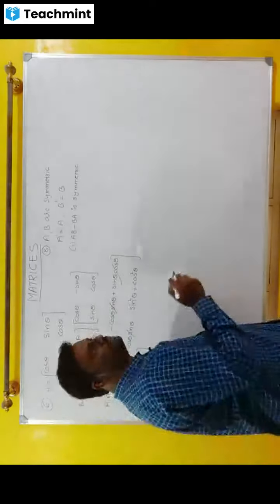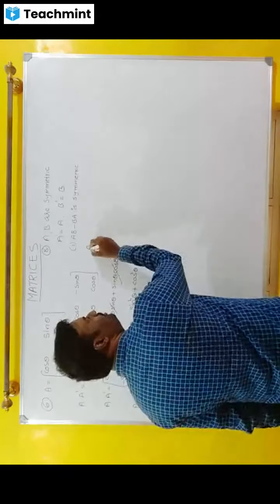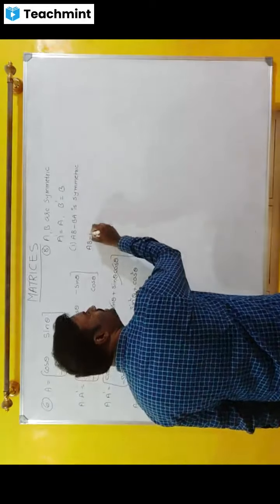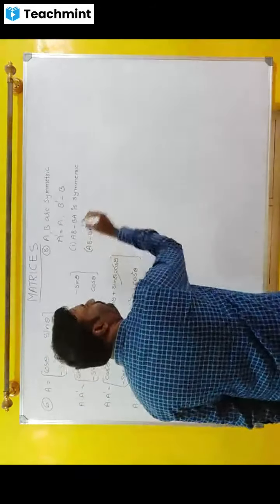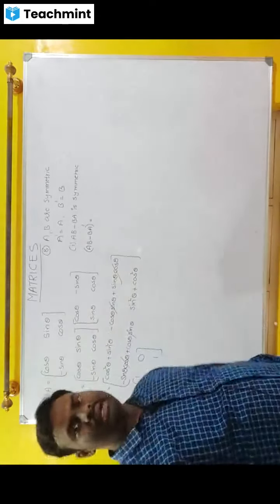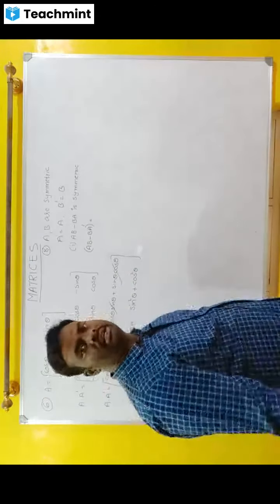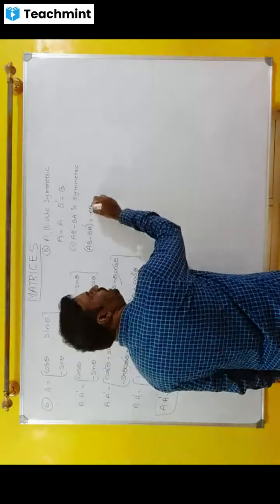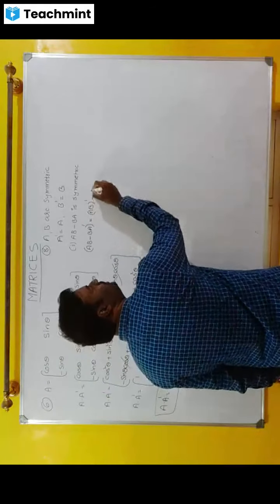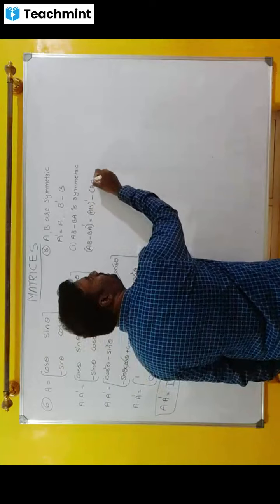Okay. What is the symmetric condition? I am finding the value of AB minus BA whole dash. AB minus BA whole dash can be written as AB whole dash minus BA whole dash.